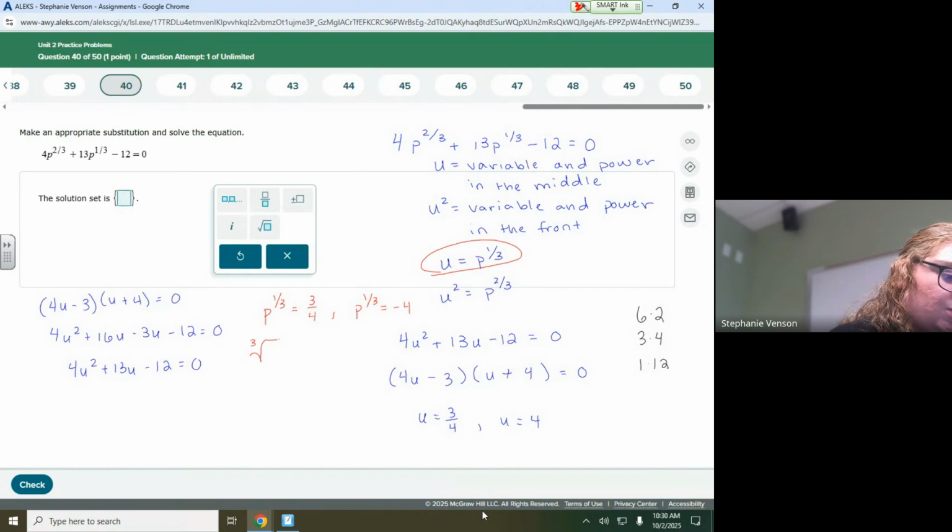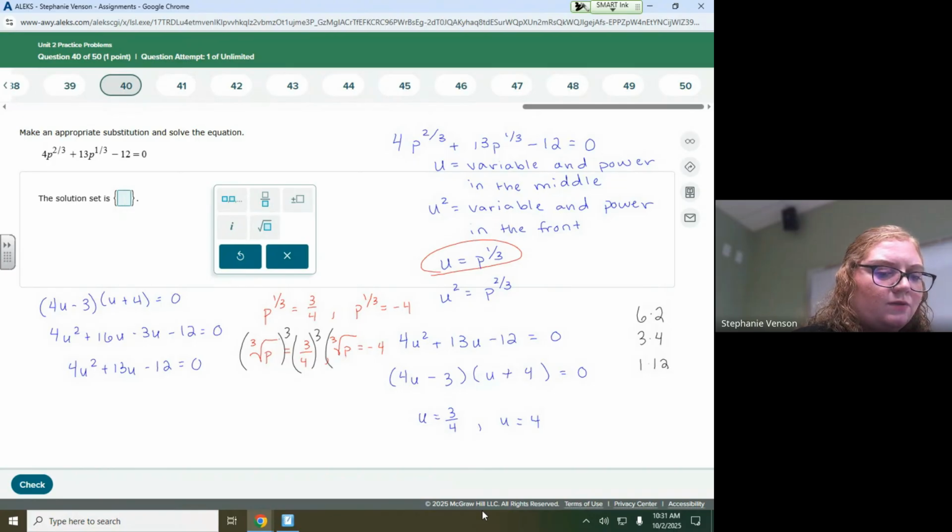So this is actually the cube root of p equals 3/4, and the cube root of p equals -4. And now I have to get rid of the cube root. So how do I do that? Cube it. You get rid of the square root by squaring it, so you get rid of the cube root by cubing it. Okay, so the cube and the cube root cancel.